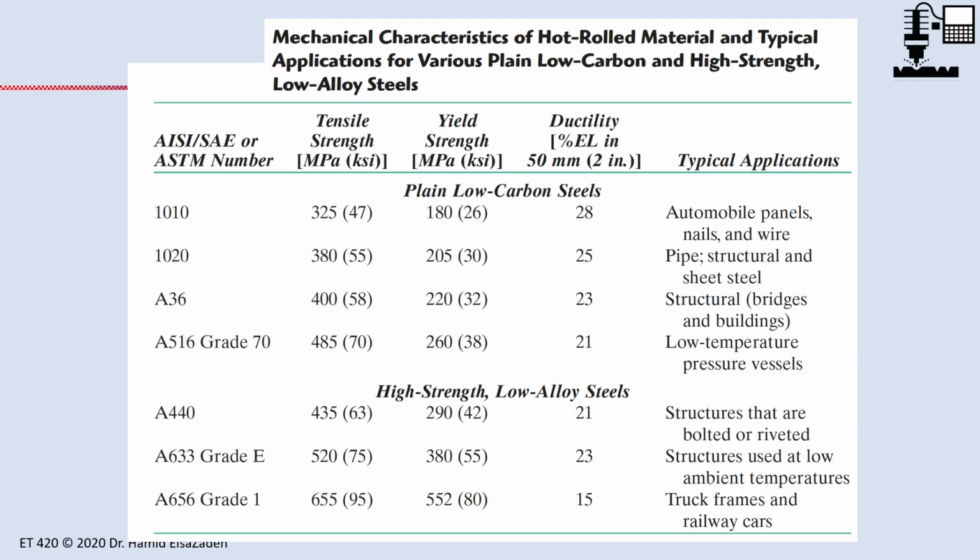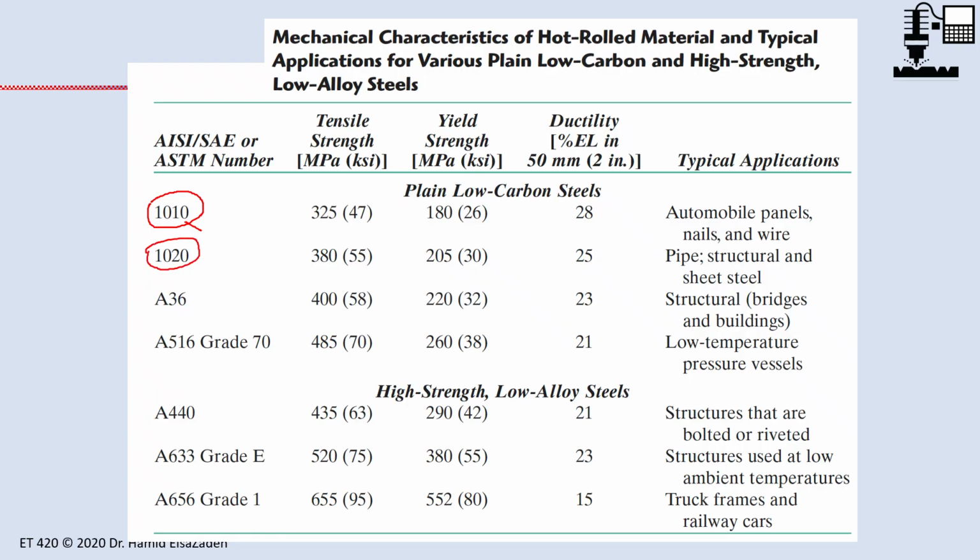This table shows the mechanical properties of a couple of steels here, low carbon steel mostly. This one is low carbon steel AISI 1010. We mentioned the 10 here represents the amount of carbon, 10. Here the amount of carbon is 20, right?